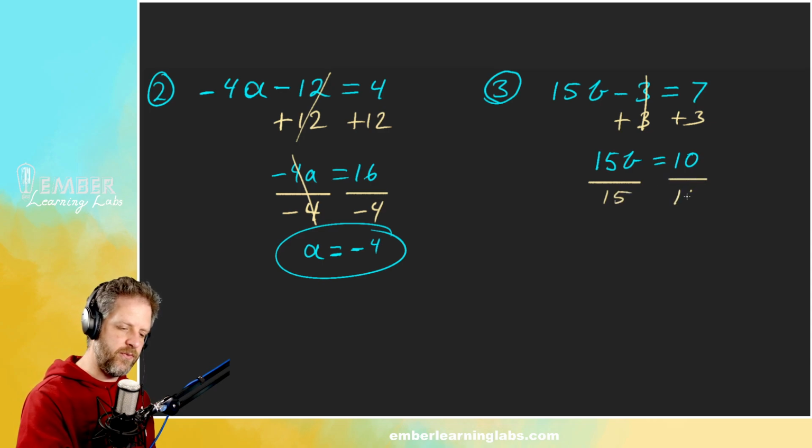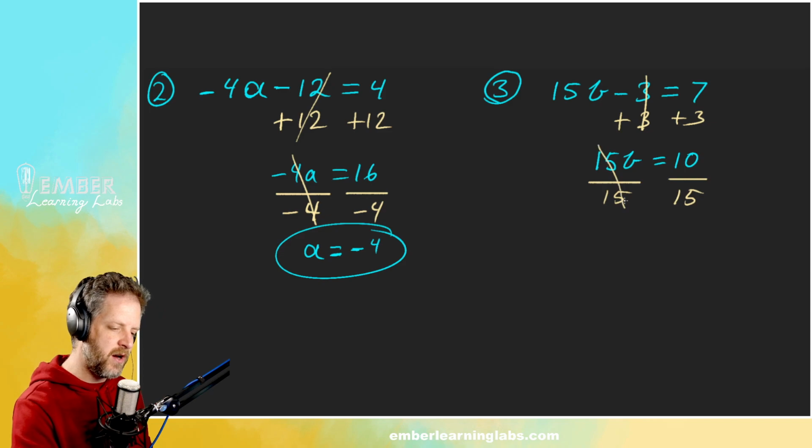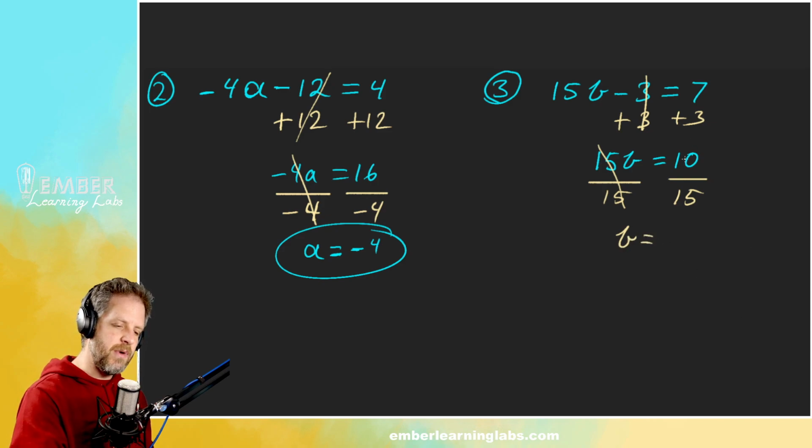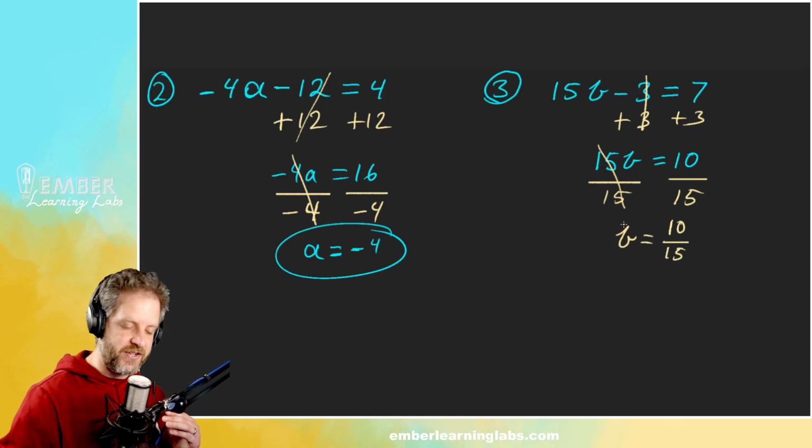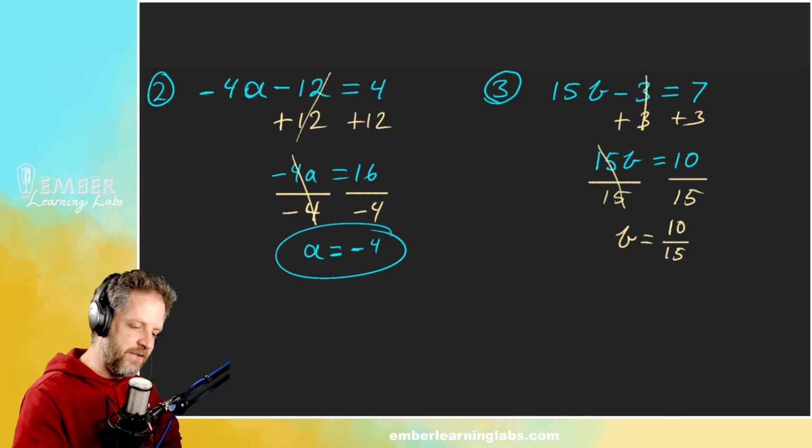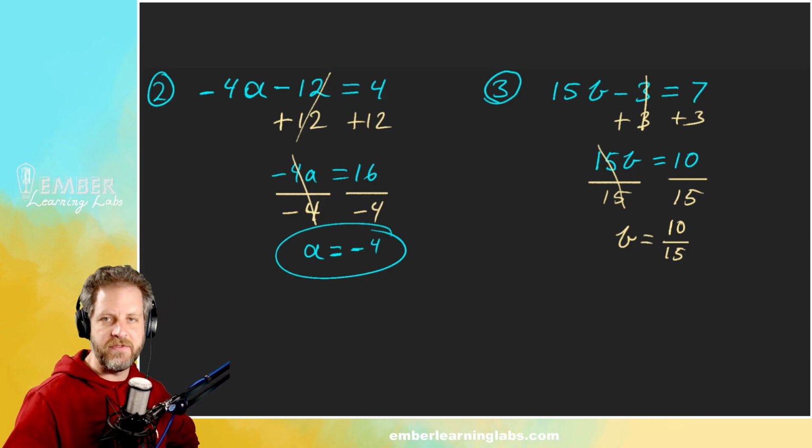Now this right here is what I was talking about a minute ago, because that doesn't come out as a whole number, right? But since we wrote our division like that, we can see real clearly that this is 10 over 15, a fraction. Now, problem here is we can reduce that fraction, right? What goes into both 10 and 15?